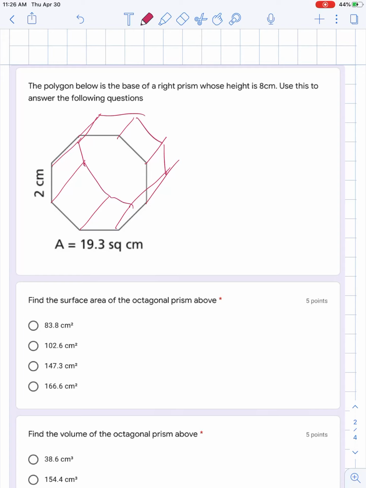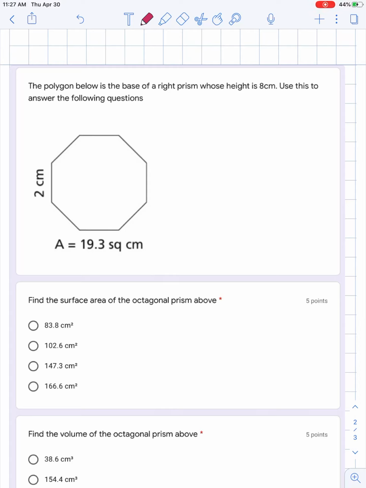So we would have our base that's down here. We also have our identical base, which would be the top, which is up there. And then these are our walls. Maybe that just made it way worse. I'm not sure. We'll just pretend like that didn't happen. All right, here we go. Find the surface area of the octagonal prism below.